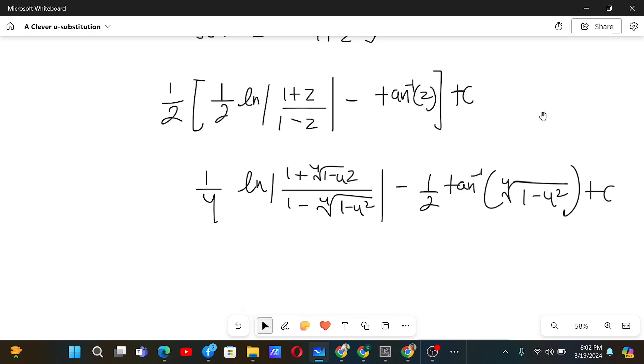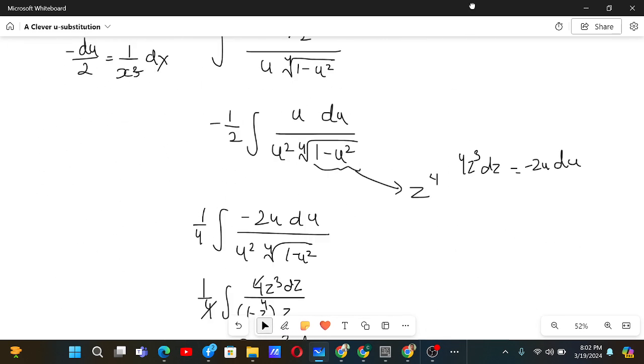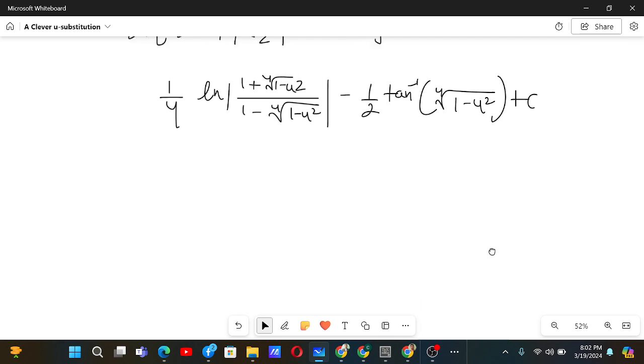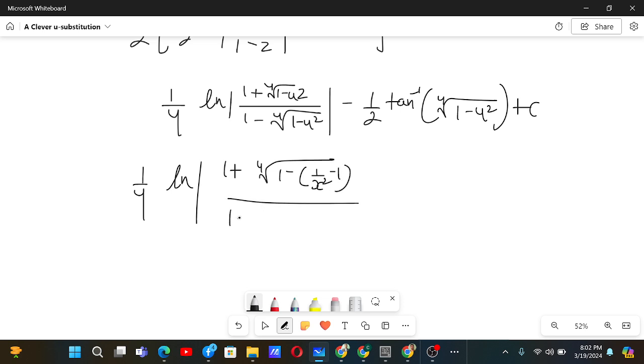And now what is u? U is 1 by x square minus 1. And 1 by 4 ln of 1 plus 4th root of 1 minus 1 by x square minus 1, by 1 minus 4th root of 1 minus 1 by x square minus 1.